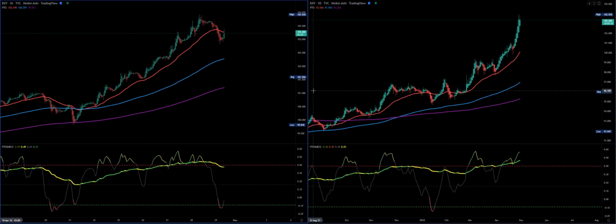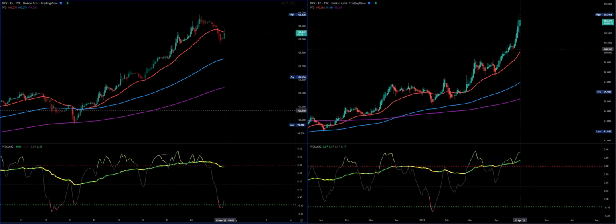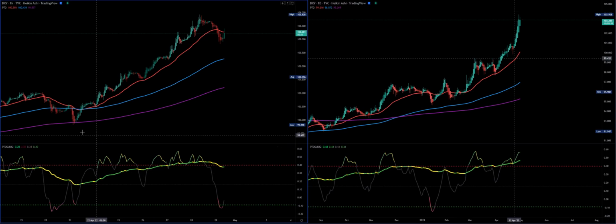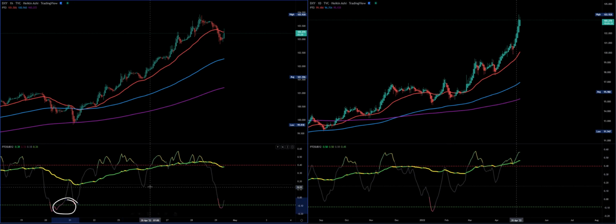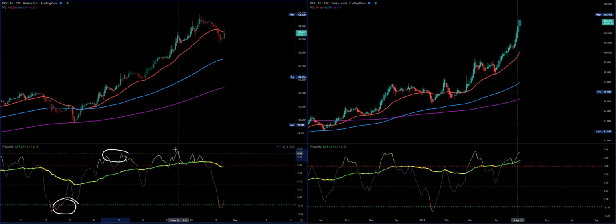Or this is DXY, and DXY is working exactly the same. The buying opportunity, as you can see, indicates itself here, and you can check any selling opportunity from here as you desire.